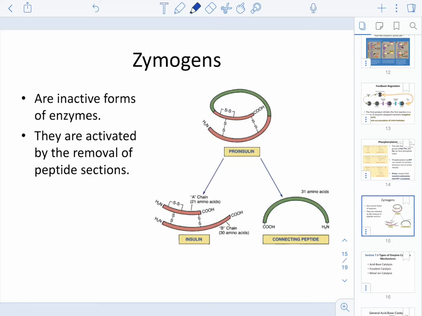So in the case of insulin being produced, a molecule that is called proinsulin is going to be the first molecule in the pathway. So proinsulin is going to be activated by enzymes called peptidases. And these peptidases are going to be cleaving proinsulin into insulin, and that's how that protein is produced. And that connecting peptide is what kept it silent.